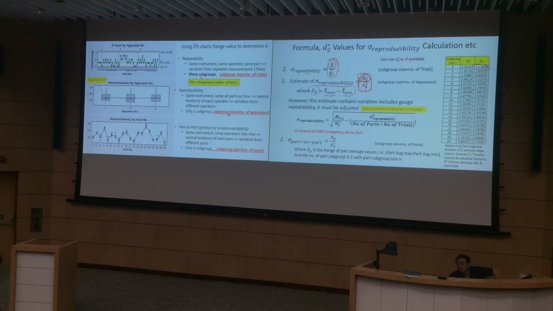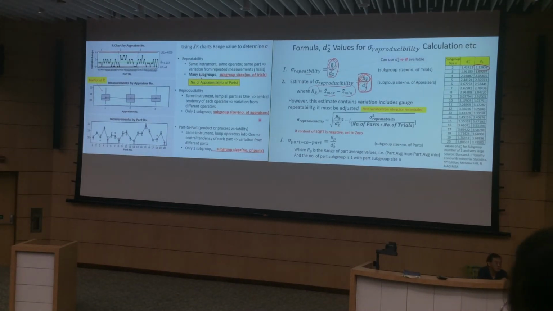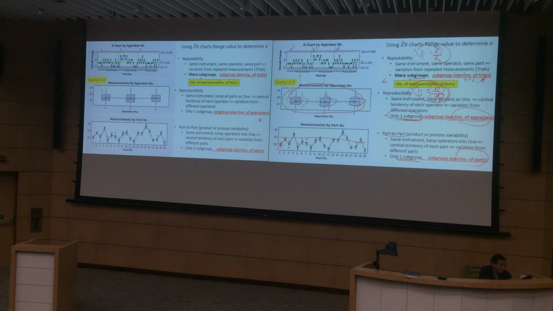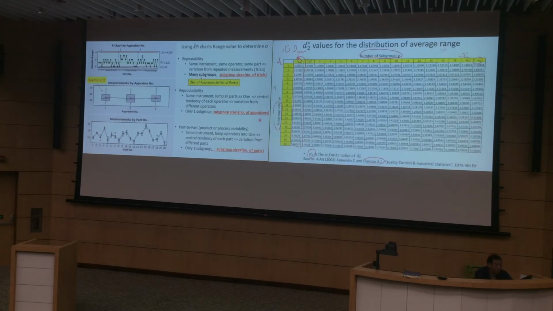In this case, the subgroup size n is equal to the number of appraisers, and the number of appraisers is 3. So we can read this here. But then, as you said earlier, when we look at this part here, because we got these distributions within here, we got some repeatability element. So we must subtract it out.